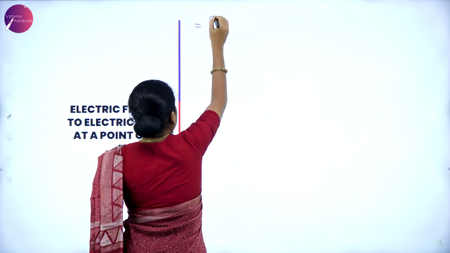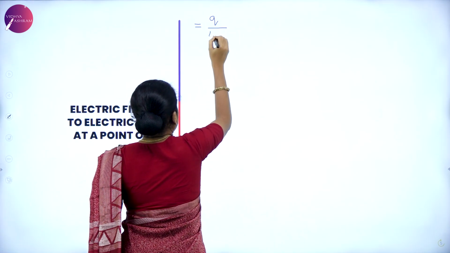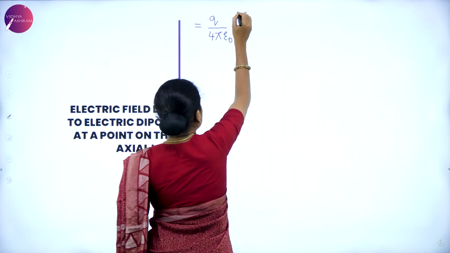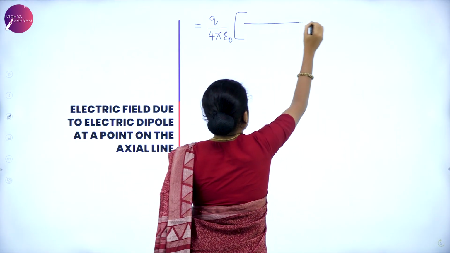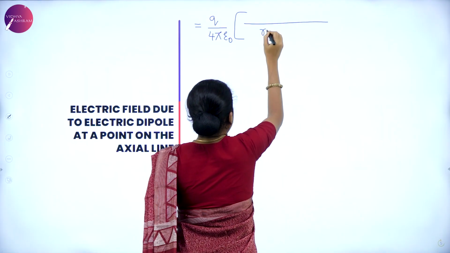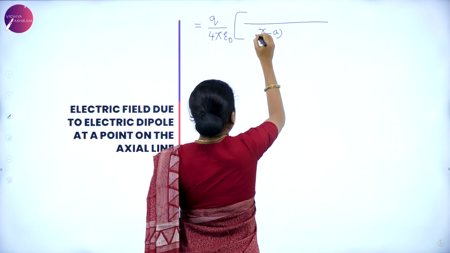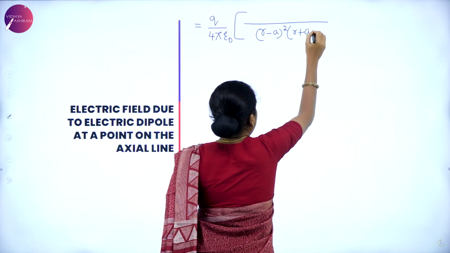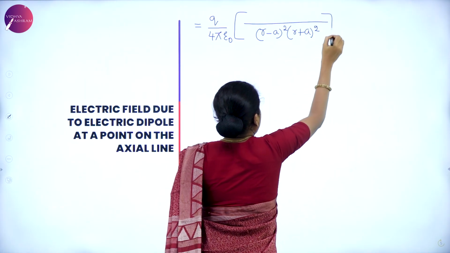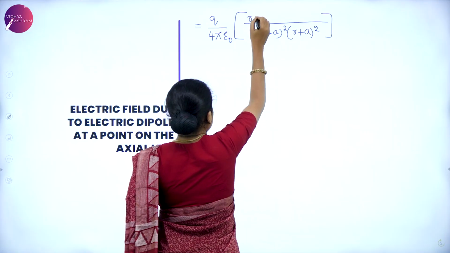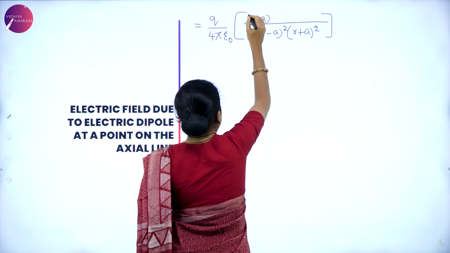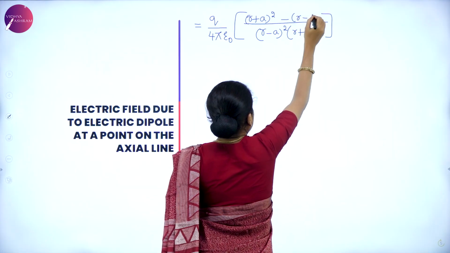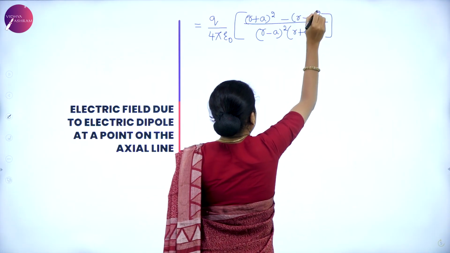Yes, next simplification is vector E is equal to Q by 4 pi epsilon naught of, let us consider the LCM, (R minus A) whole square, (R plus A) whole square, and in the numerator (R plus A) whole square minus (R minus A) whole square.